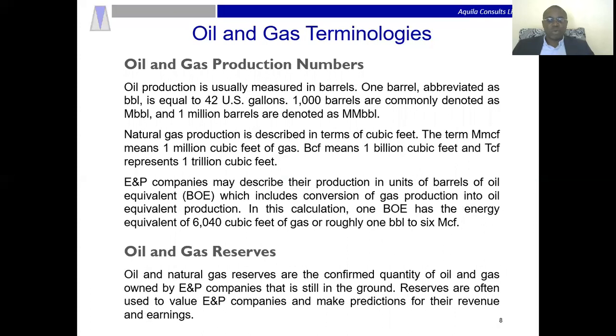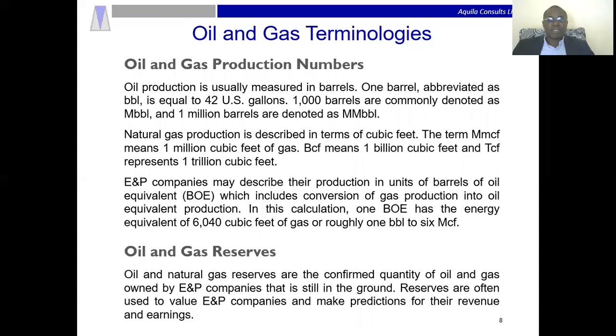Another thing we need to know is the way oil and gas is measured. Oil production is normally measured in barrels, and a barrel is approximately 42 US gallons. 1,000 barrels is commonly denoted as MBBL, while 1,000,000 barrels is denoted as double M BBL, that's MMBBL.